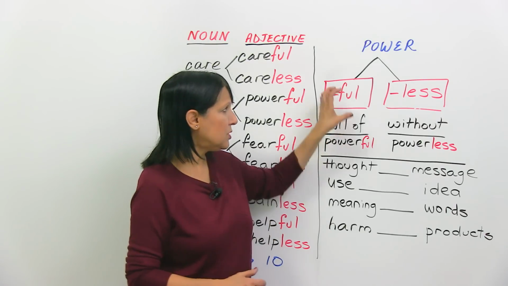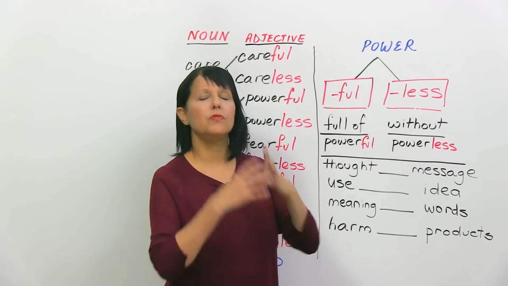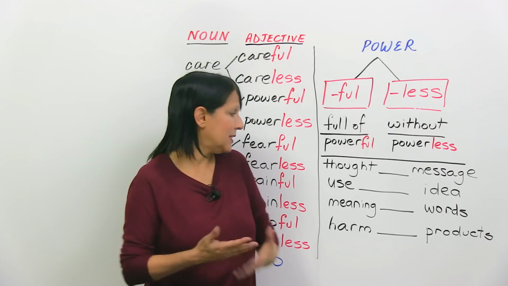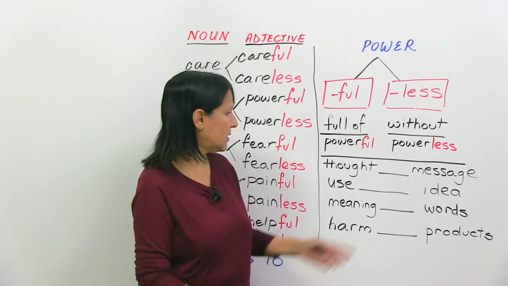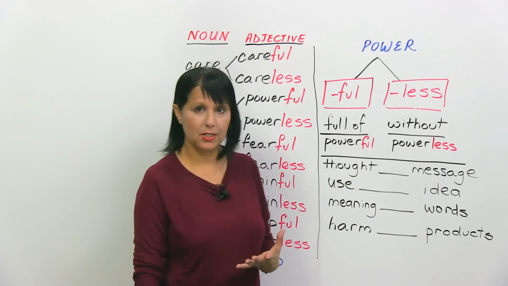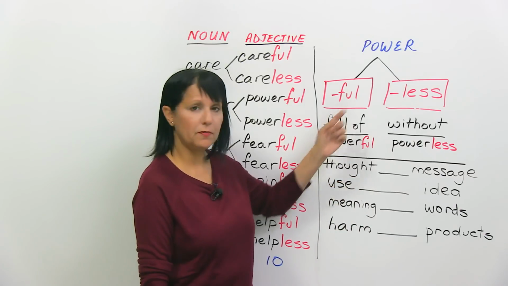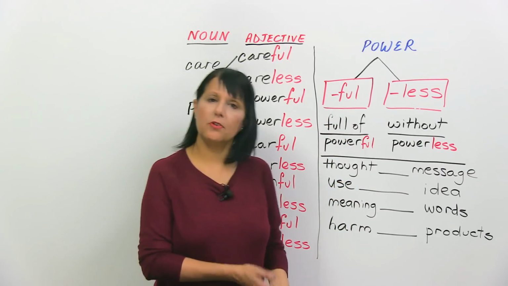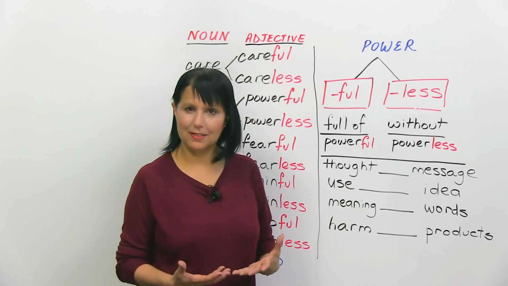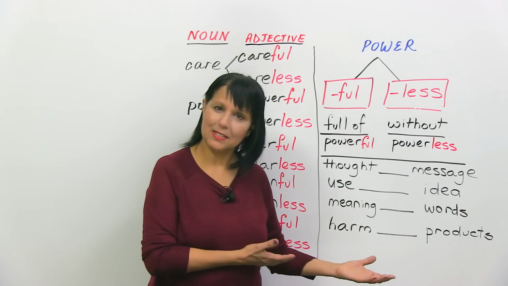Now you can use these same suffixes to create hundreds of words, okay? And that's what I'm going to show you here. Let's just look at some examples first. We could say, for example, suppose we're talking about a message. It could be a thoughtful message or a thoughtless message, a useful idea or a useless idea, right?